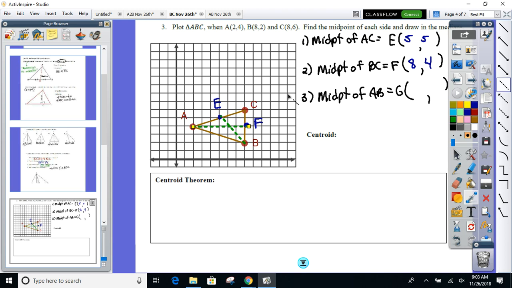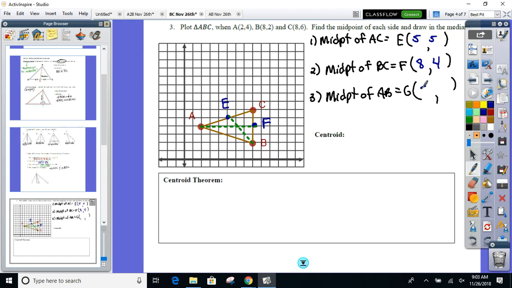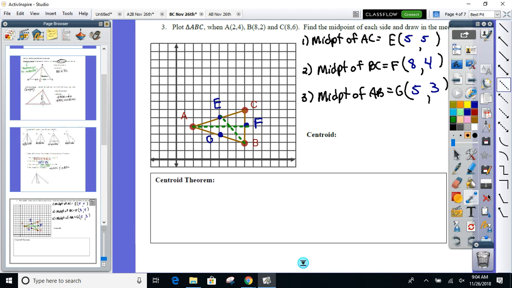What do you have for point G? 5, 3. Everyone graph it and draw in median CG. And I'm hoping you see something that's been kind of consistent with the in-center and circumcenter.